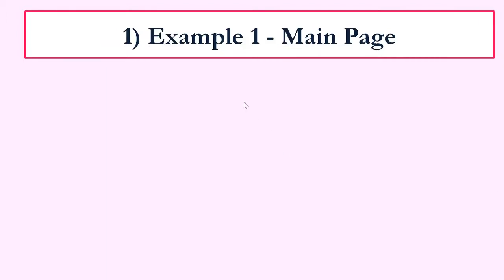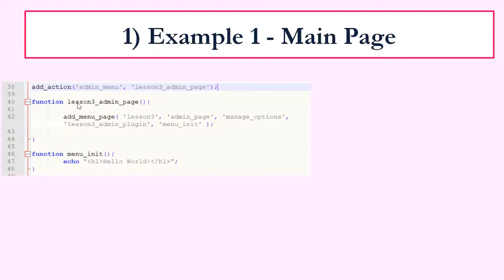Okay, so let's have a look at an example of a main page. The first thing that we need to do is add an action. Our hook is admin_menu, so if we want to create a menu page, we need to attach it to the admin_menu hook, and then we need to have a function. So this is the lesson 3 admin page function.